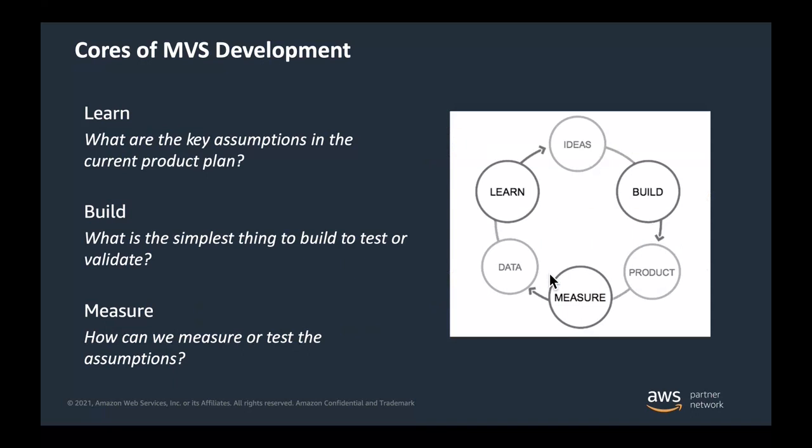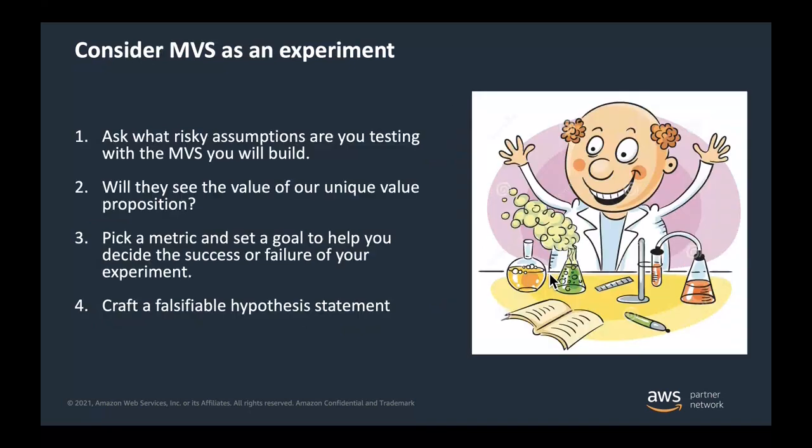Okay, ask this question, learn from your customers, learn from your market, then start building. And then how you can really validate what you have learned with what you have built. So then that takes you to the measurement step. And the idea here is, again, just continuously learning and building and measuring until you launch this first version.